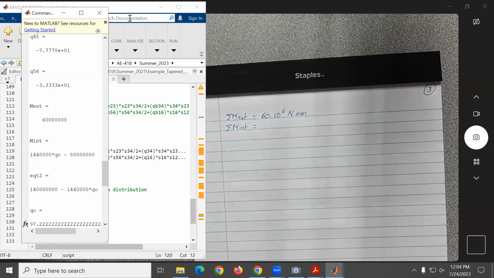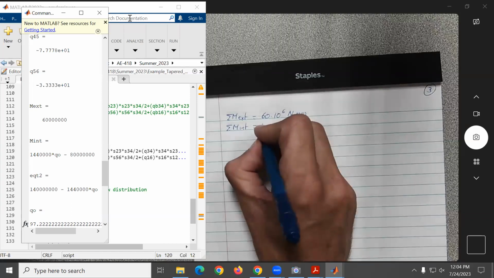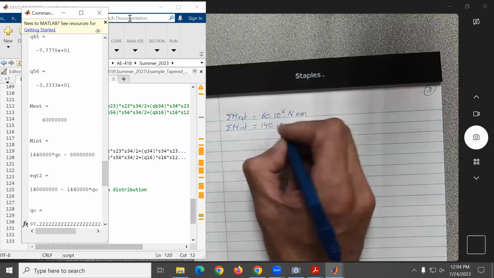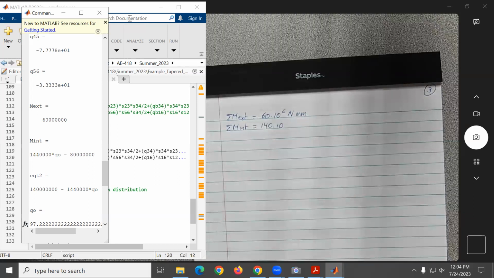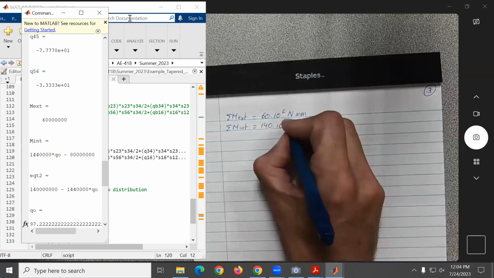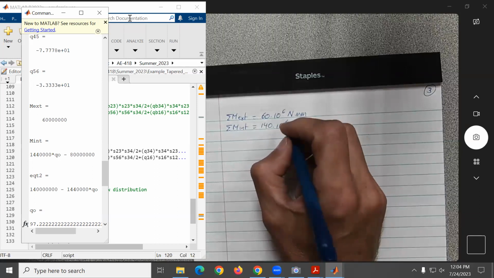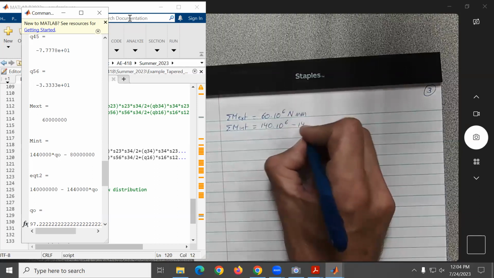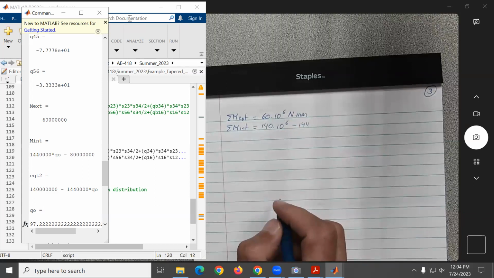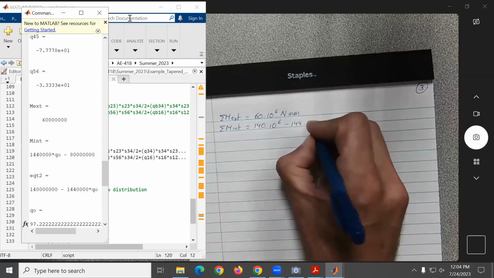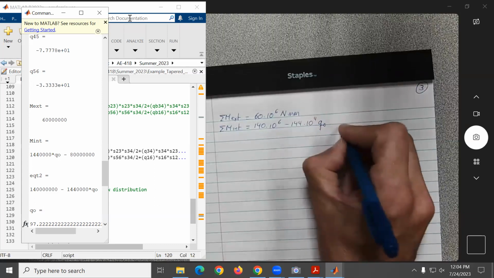And for the internal, this is going to give us 140 times 10 to the 6, 1, 2, 3, 4, 5, 6, 7, minus 144 times 10 to the 4 Q sub naught.